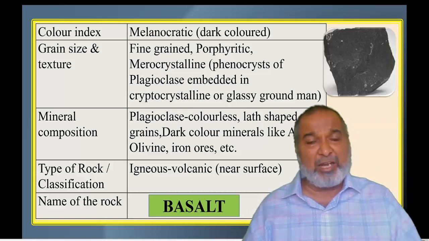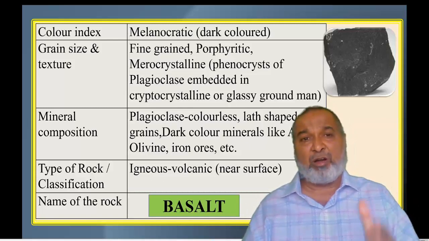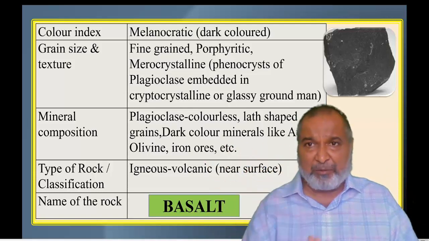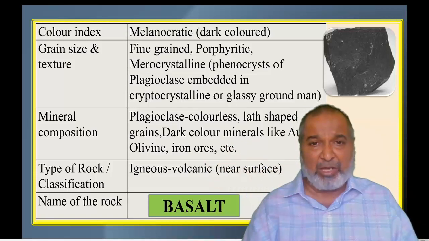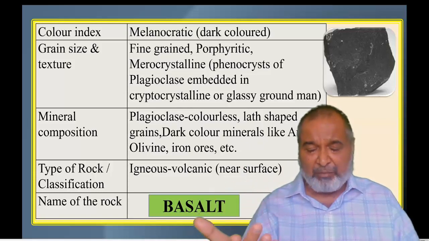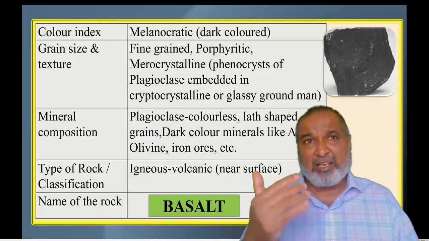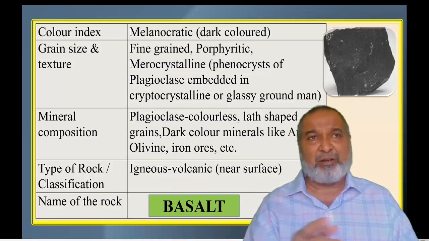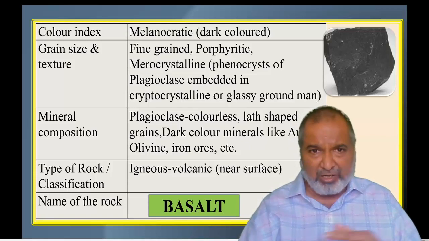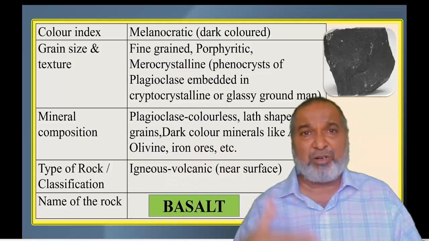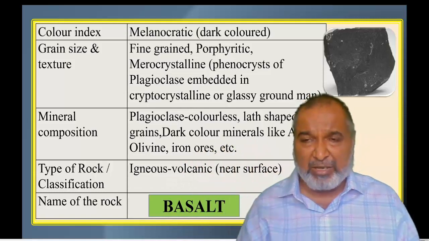Then when you write the type of rock or classification, based on the color we'll make it basic. Fine grain we make it volcanic, and based on the silica, it is a plagioclase, calc-alkali series rock. In this particular type classification we have not mentioned it, but I am going to give that these are the specific things we can write down. Based on color, it is the basic one.